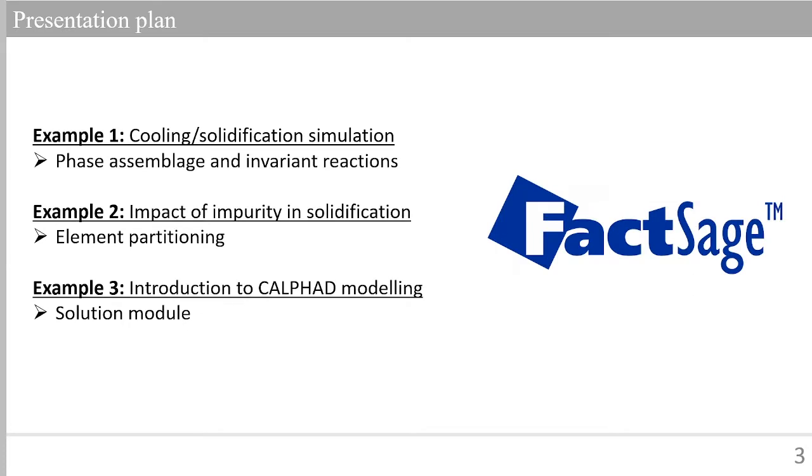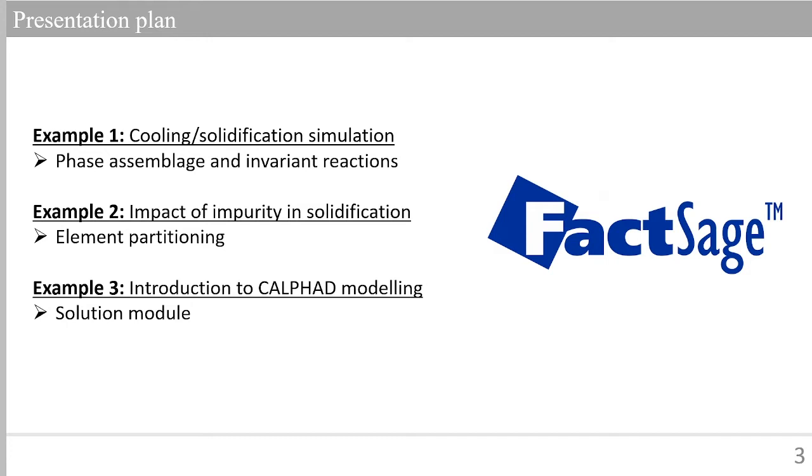So in this workshop, we'll be looking at 3 specific examples of the use of FactSage. In the first one, we'll be looking at the cooling or solidification simulation of a specific aluminum alloy, just to see the phase assemblage and the invariant reactions that occur during the process.